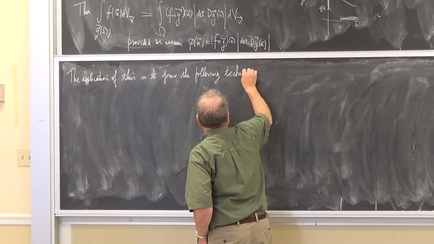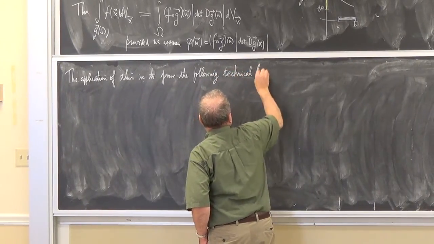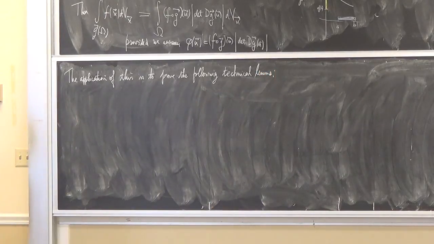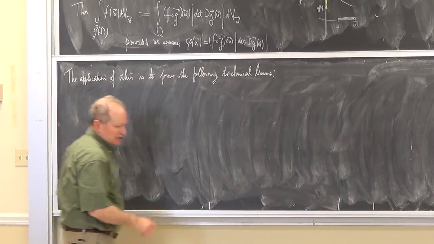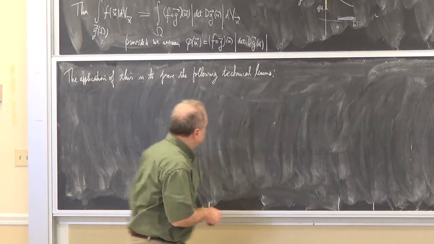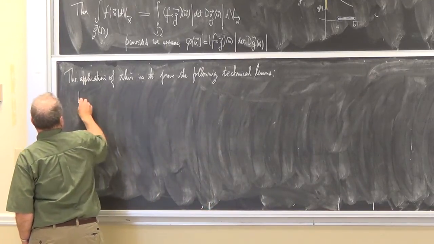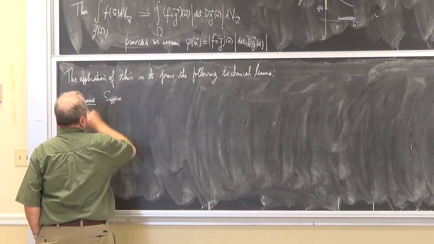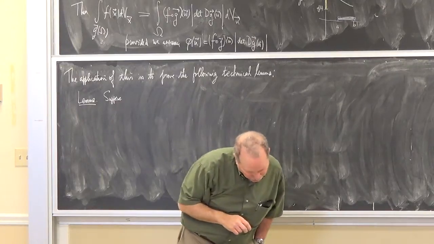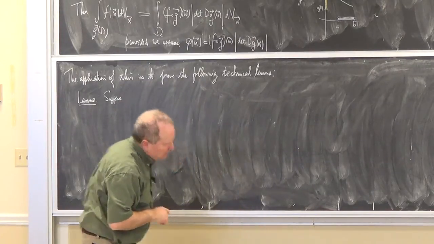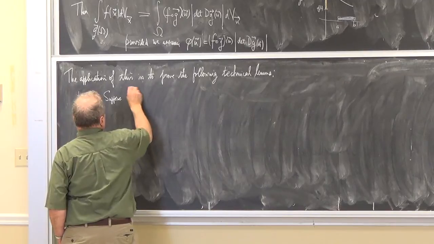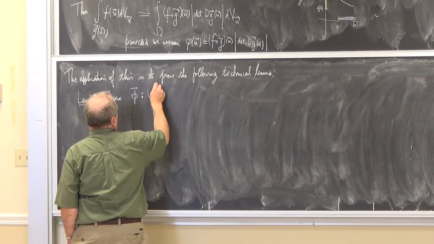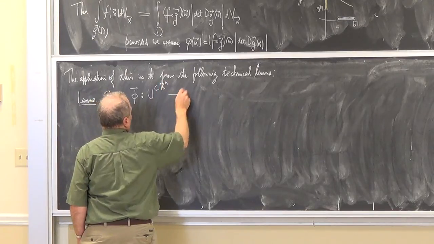Like mean value inequality theorem? Yes. Okay. So this looks somewhat technical, but I want to ask you the following question. Suppose phi is a map from an open set in Rn to Rn.